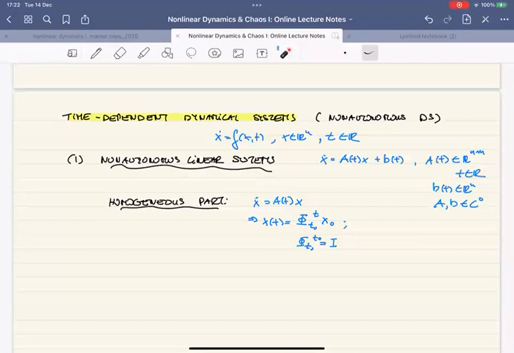And when the system is autonomous, then we also have a fundamental matrix solution, except that we know what it is in that case. It's e to the AT. A fundamental misunderstanding or mistake or superstition or whatever is that even for time-dependent systems, you can write down the exact solution in an exponential form.